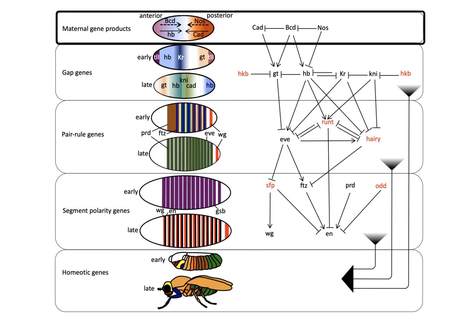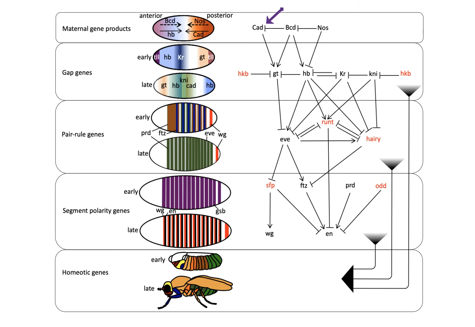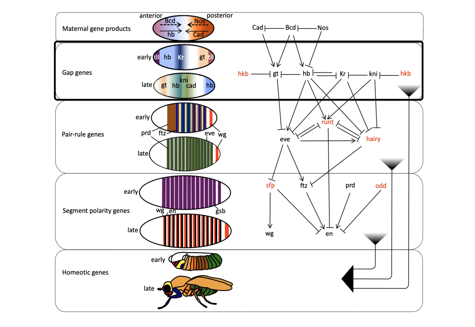And each one of these has an effect on the other. So NOS inhibits the expression of BCD, and BCD inhibits the transcription or expression of CAD. Then down here on the gap genes, these ones also affect genes down the line, such as hunchback, GT, KR, etc., to form a little more distinction in those now cells with nuclei.